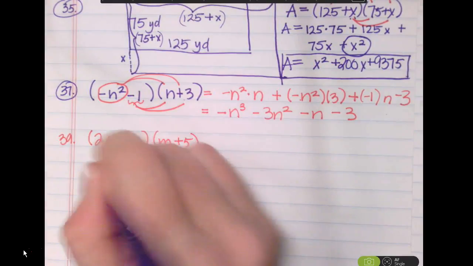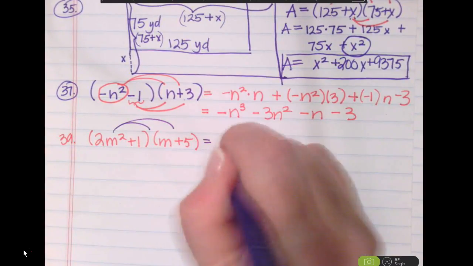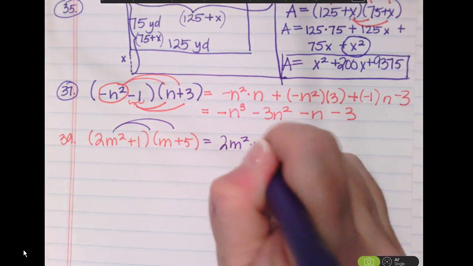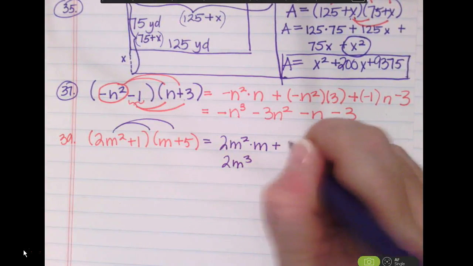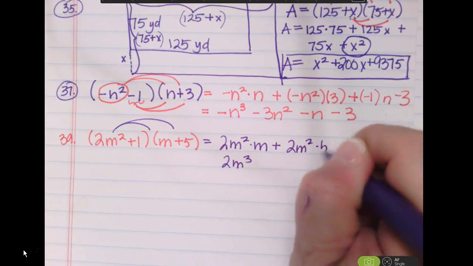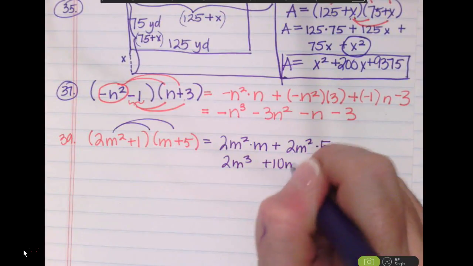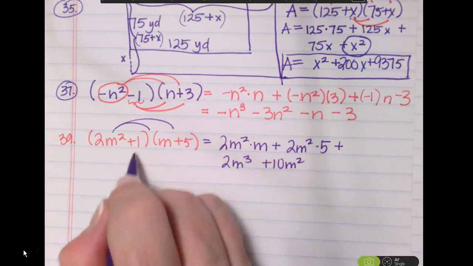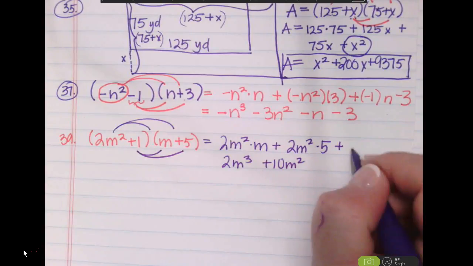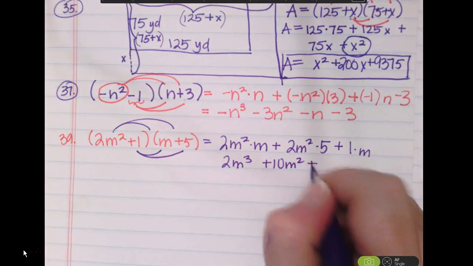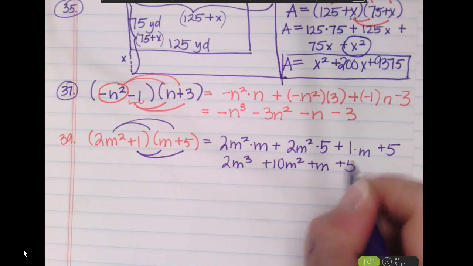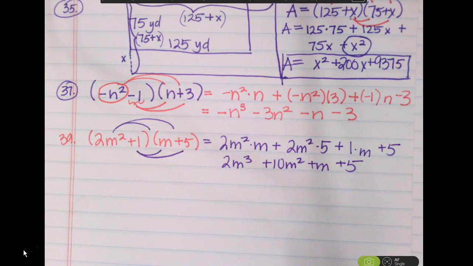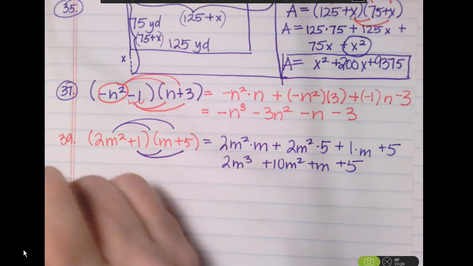So 2m squared times m, and that's 2m to the third, plus 2m squared times 5, which is 10m squared, plus, and then I'm down here at the bottom, 1 times m, so that's plus m, plus 5. Okay, and no like terms, so I'm done.